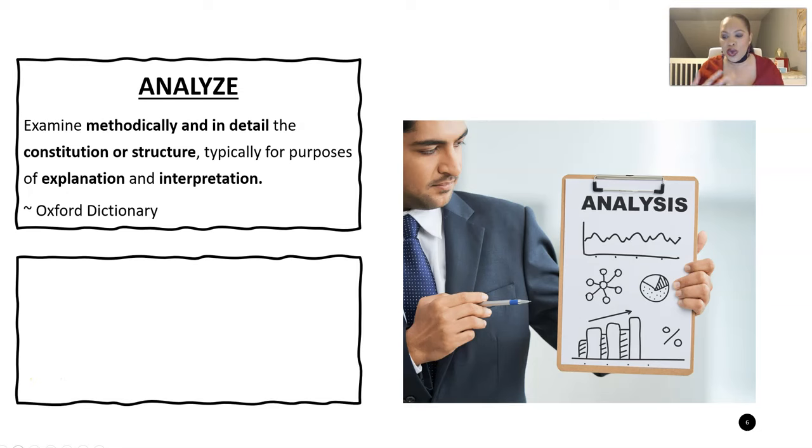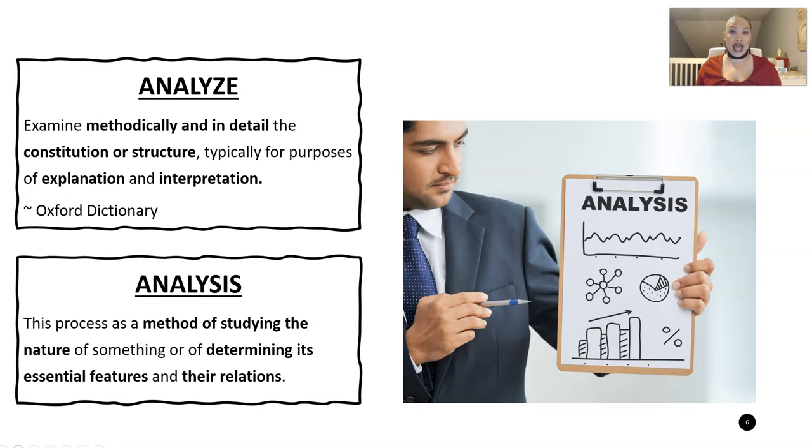Okay, so when we do an analysis, then what is taking place is a process, a method of studying. What are we studying? The nature of something, or of determining its essential features and their relations. So we could be looking at the features of something and how they connect, right?